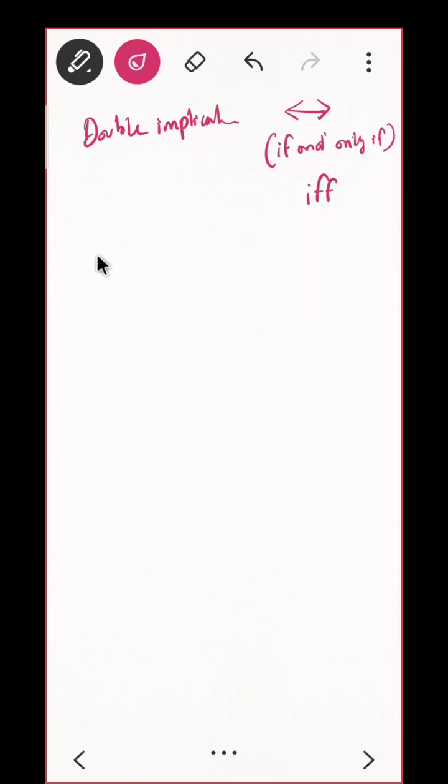Okay. Can you tell me the truth table? Someone. Wait, just let me fill this. Sorry to interrupt you. Yeah. Tell me now.